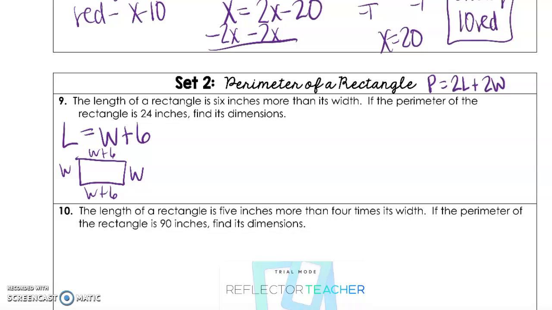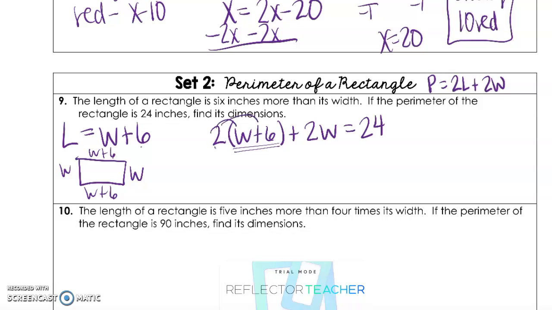All right, if we use the equation, it would look like this. 2 times W plus 6, so 2 times L, my length, that's what I just put right there, plus 2W is equal to 24. I'm going to put the perimeter, always, on the right-hand side. So 2 times the length, which we had to write as W plus 6, plus our 2W equals 24.